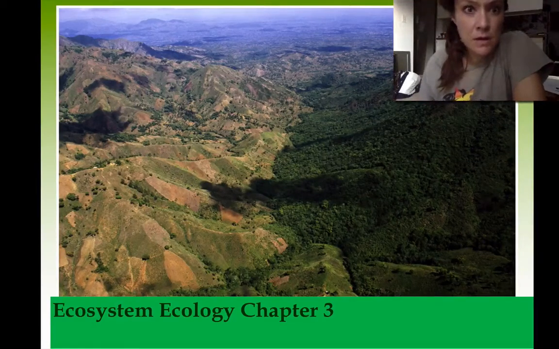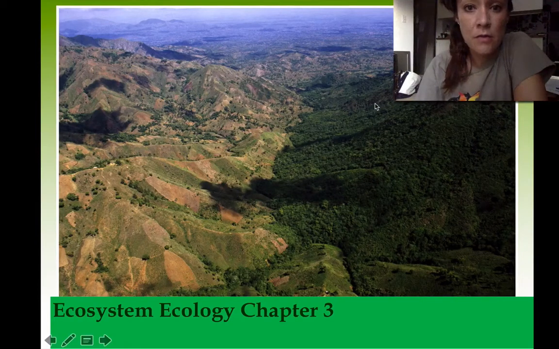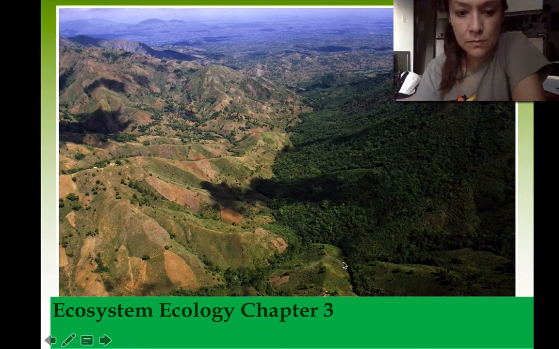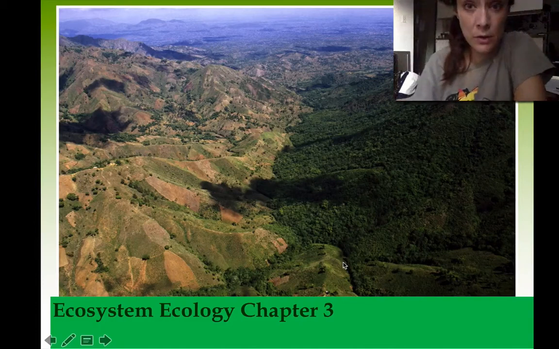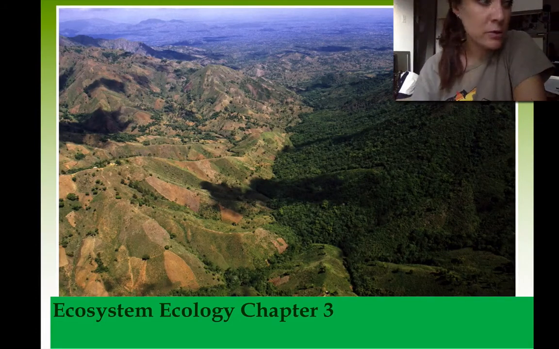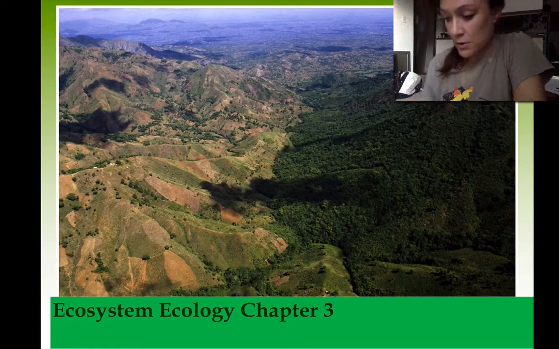Right, so remember this chapter starts off with a case study. It's a picture of the Haiti Dominican Republic border, showing you the differences between environmental policy between these two countries.